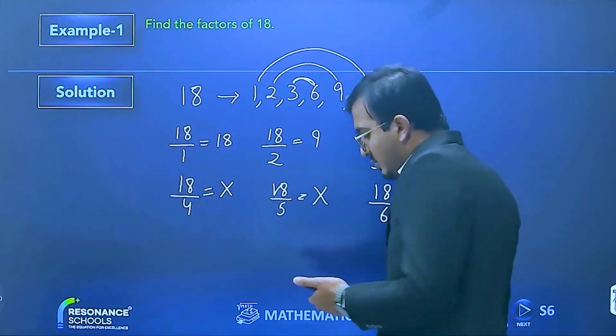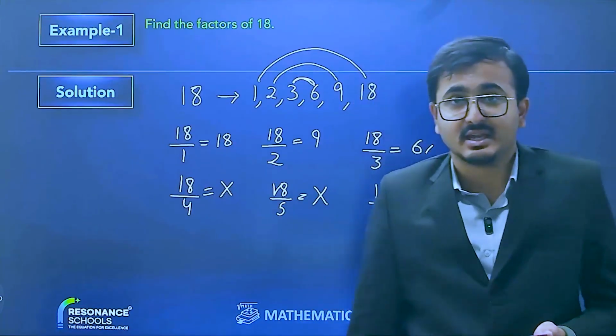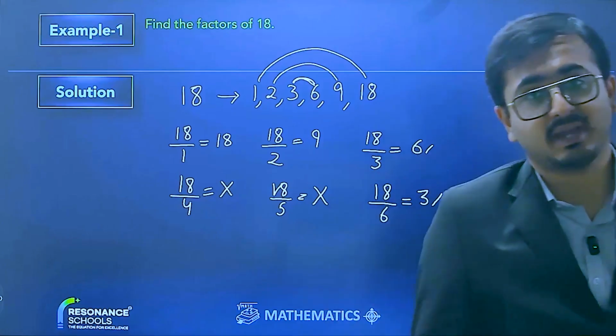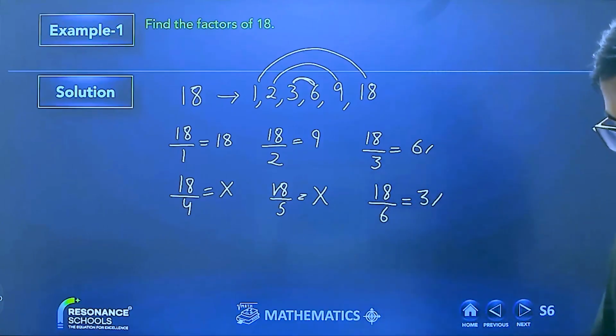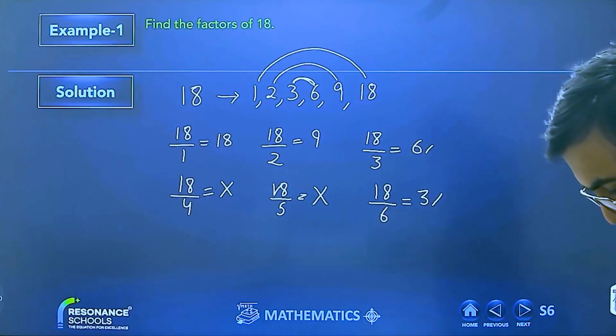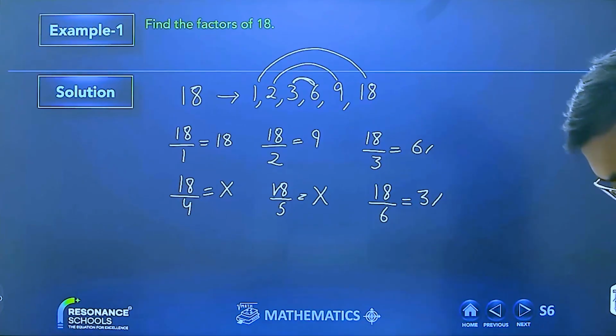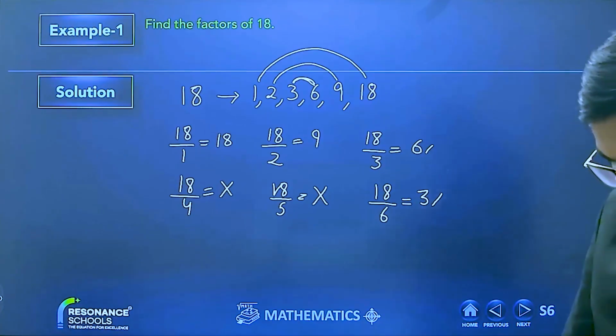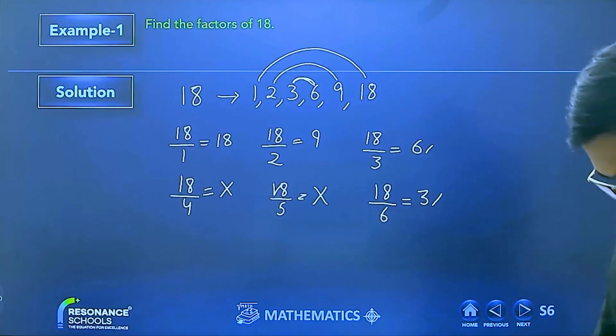So we found the factors of 18 via formation of pairs. Any doubts here? Please let me know. Yes, Suraj, please tell me. Explain it, sir, please. Okay, fine.